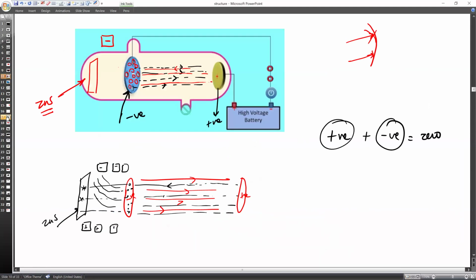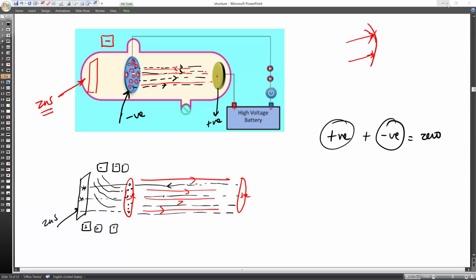The same experiment was done, and let me explain how the positively charged particle was discovered. Some changes were done in the cathode ray experiment. This time it is the anode ray experiment.